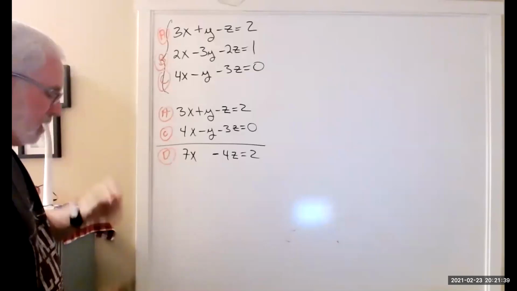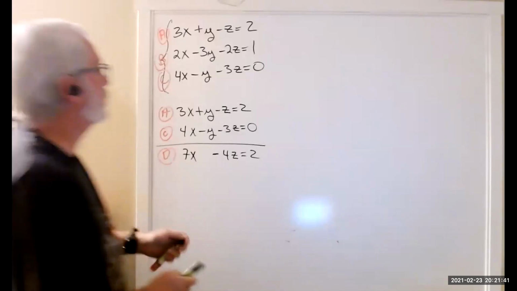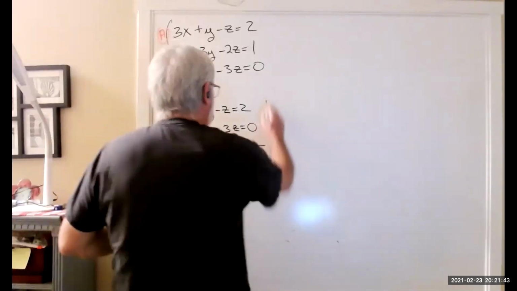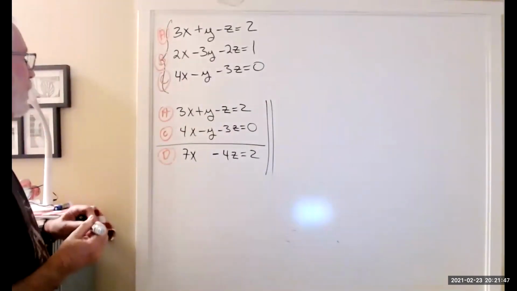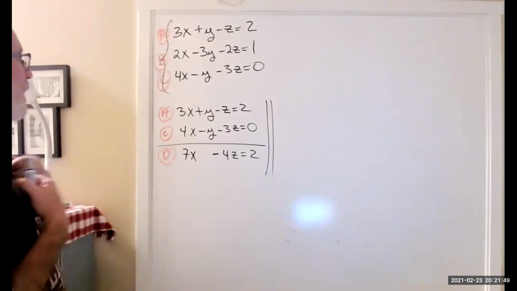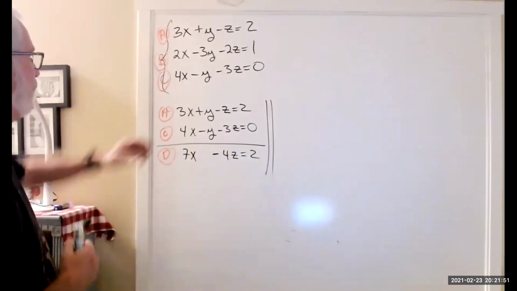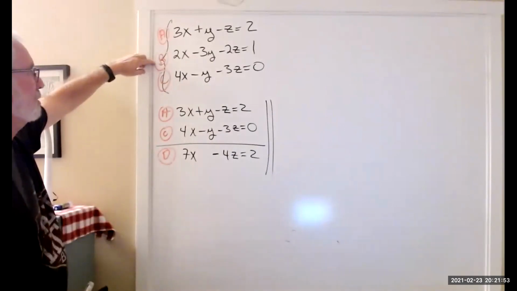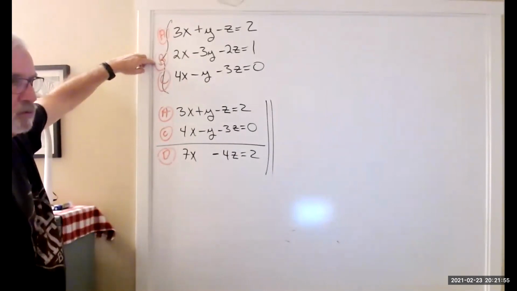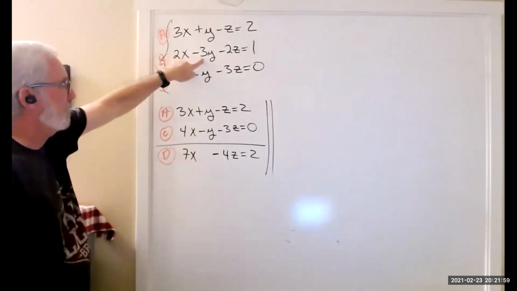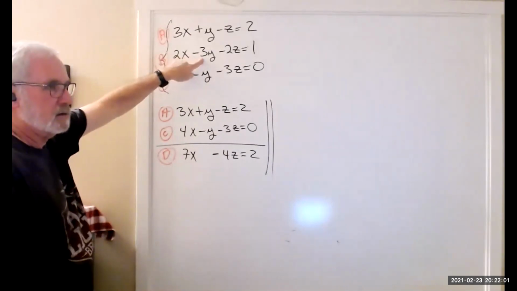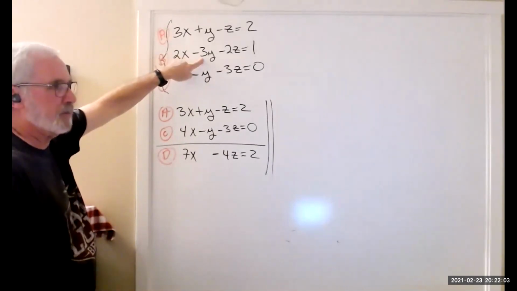Okay, now I'm going to take, okay, I have to use, this is the tricky part, this is the hard part in my opinion. I have to use equation B, have to. And I have to eliminate the Y. That third step is the critical step in everything.